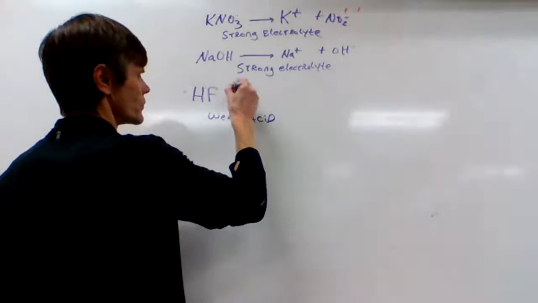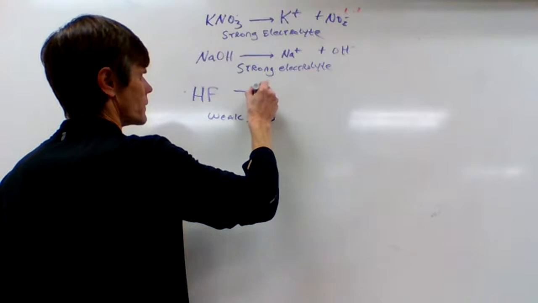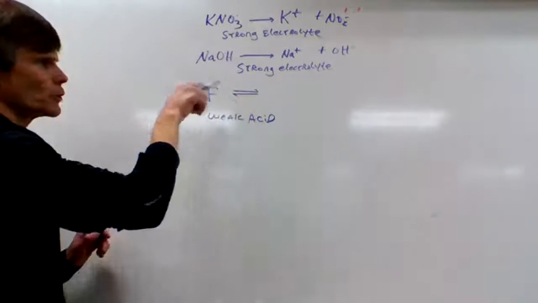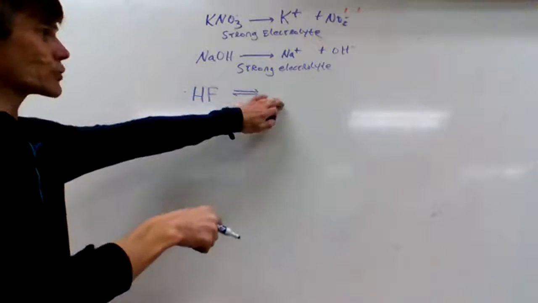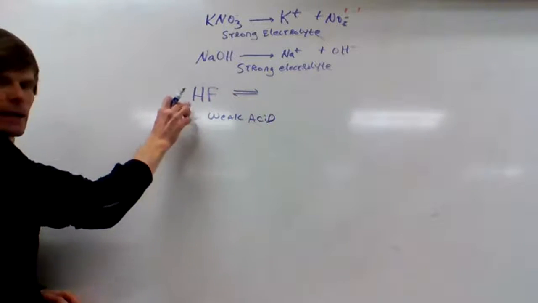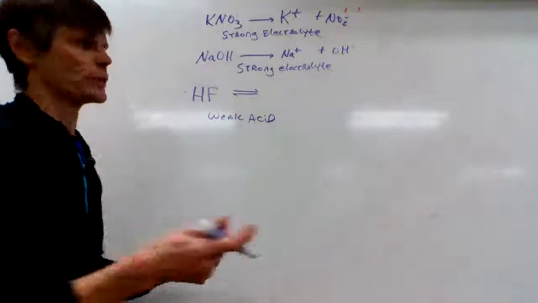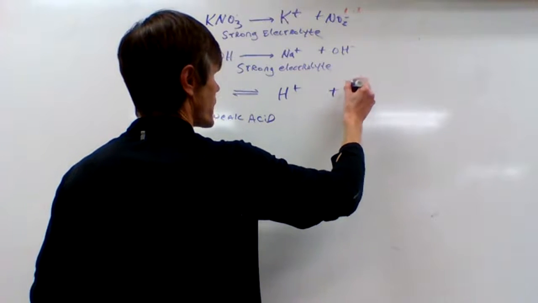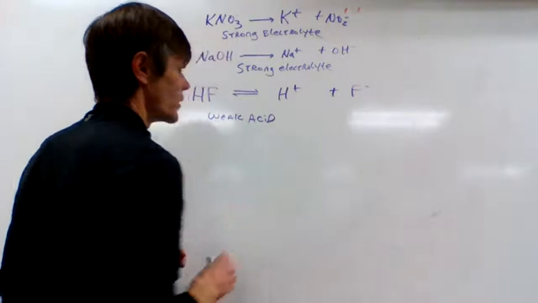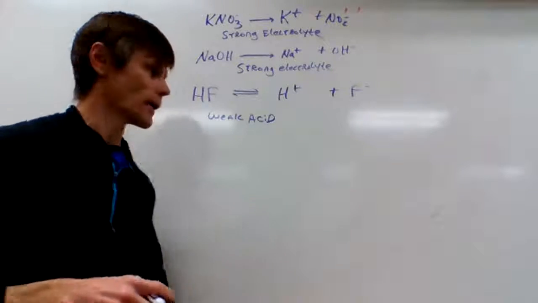We usually use a double-sided arrow to represent that this breaks up into a small extent, whereas some of it forms its fluoride and hydrogen ion, but some of it recombines and it stays as HF, non-ionic solution. But a small extent of it does break up into the ions. This is a weak acid, and it's a weak electrolyte.